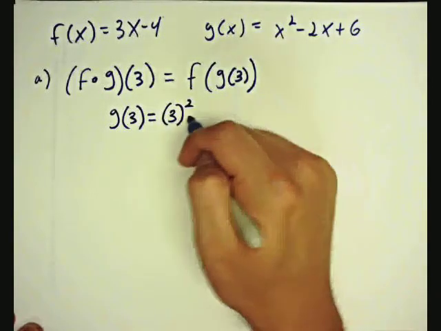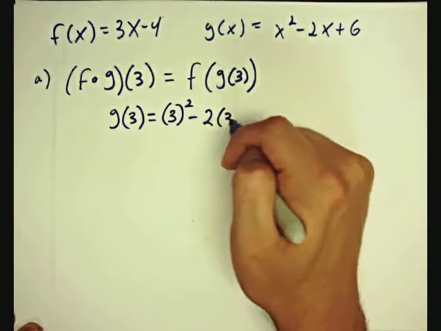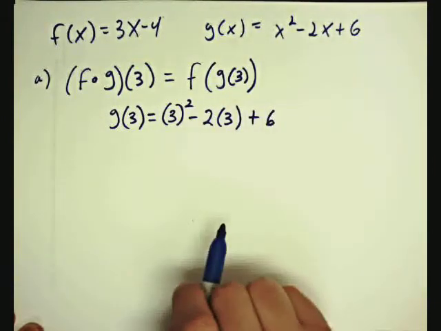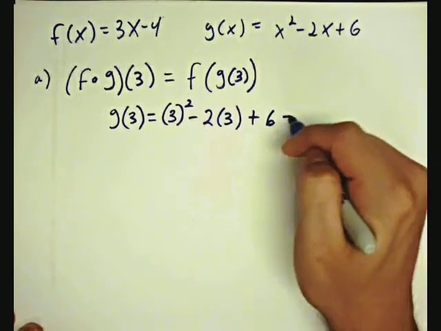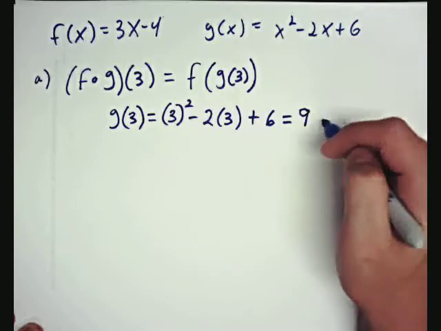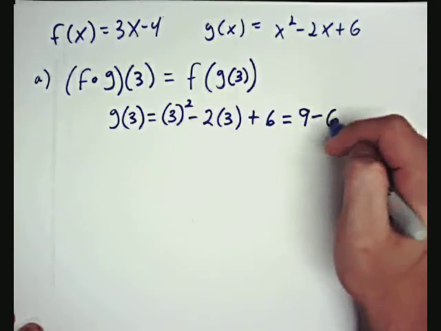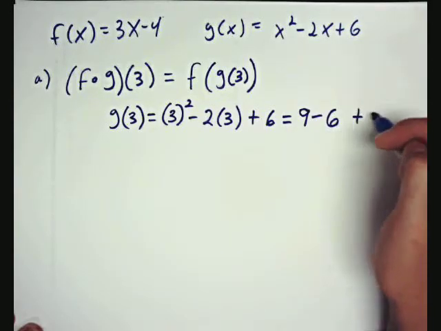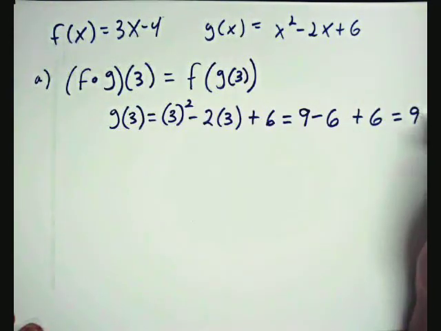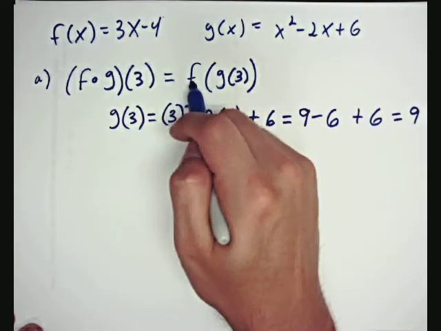So 3 squared minus 2 times 3 plus 6. This is 3 squared is 9 minus 6 plus 6, and that equals 9. So I want to take that output from g and now input that into the function f.